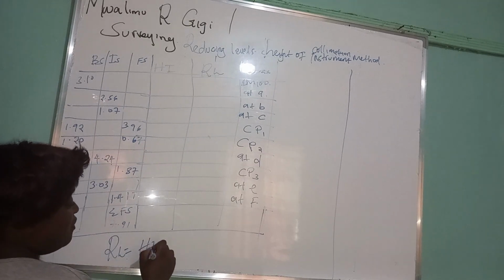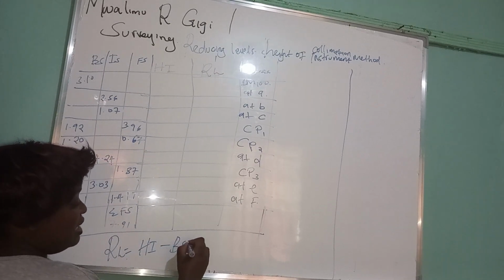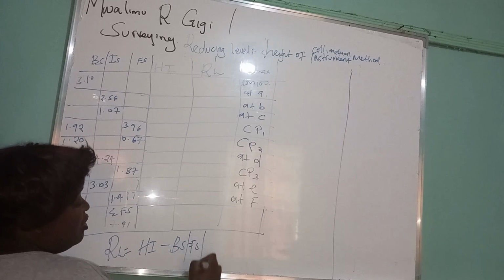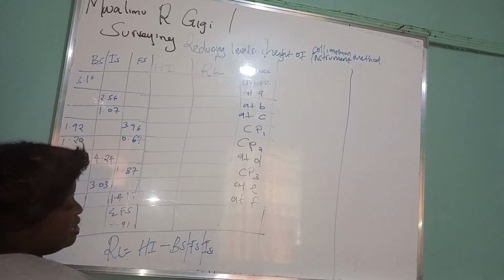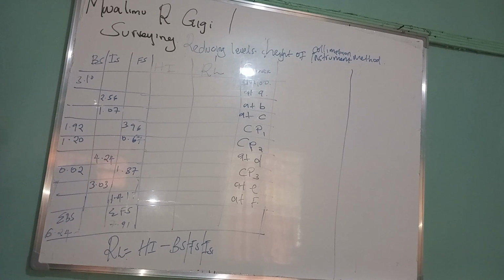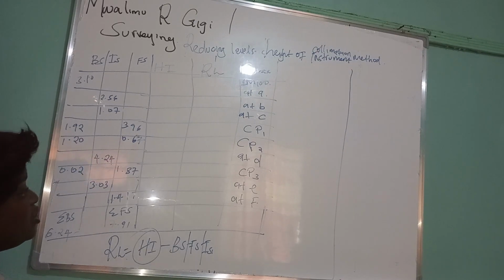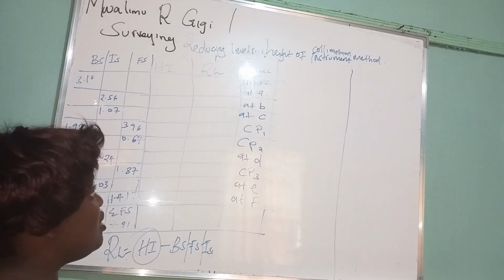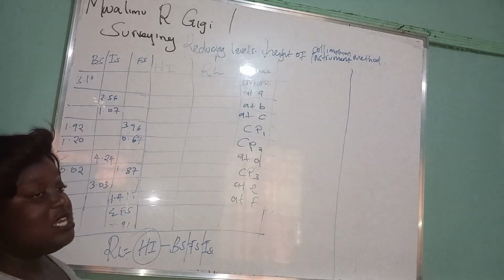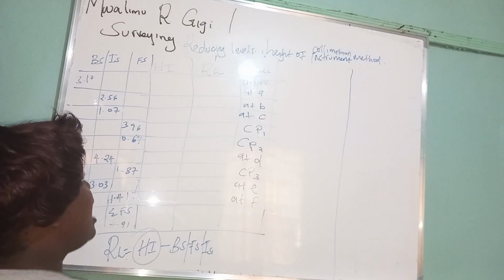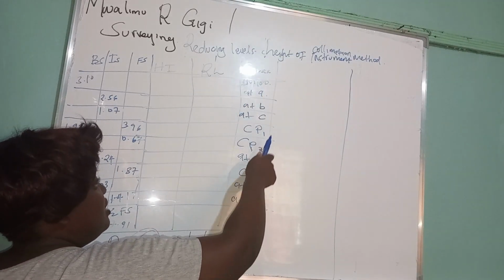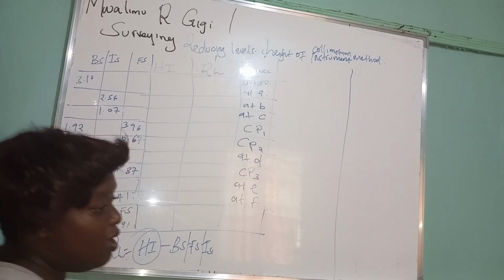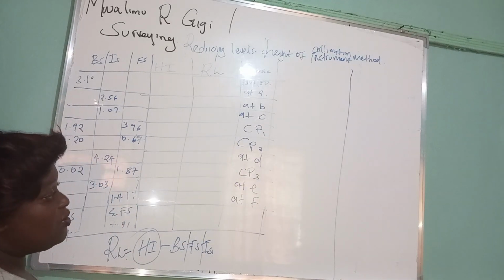Reduced level equals height of instrument minus backsight or foresight or intermediate sight. So if you have a backsight, foresight or intermediate sight, you subtract it from the height of instrument. Here we changed our instrument 3 times, so we have 4 heights of instrument.